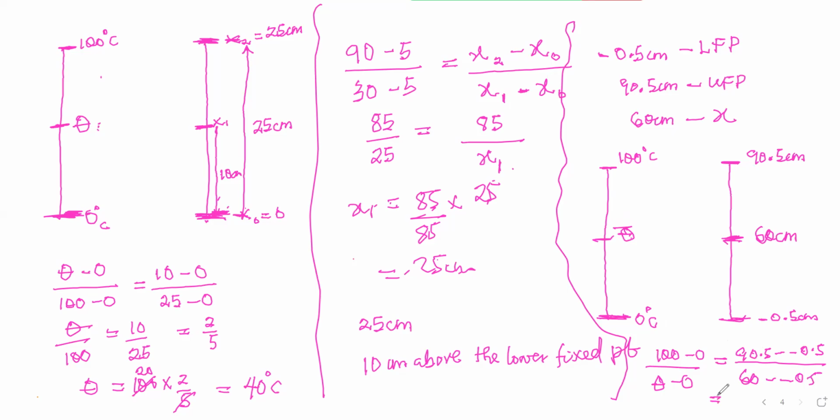Okay, so we have 90.5 plus 0.5, which is 91, divided by 60.5.